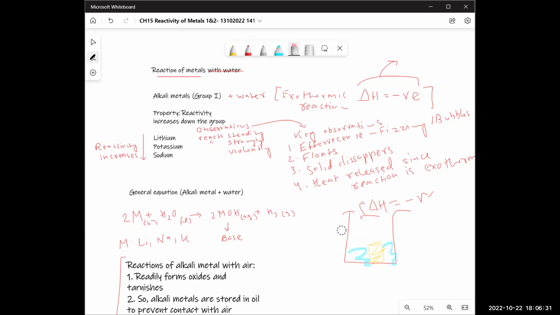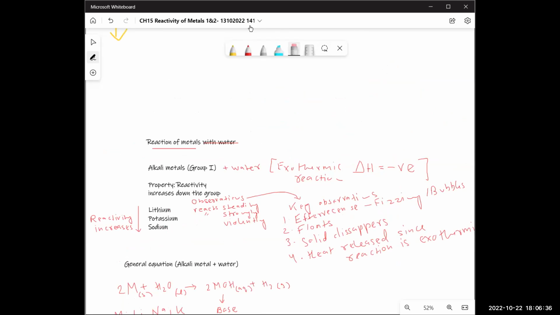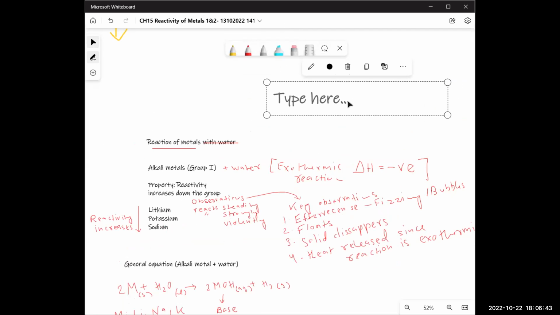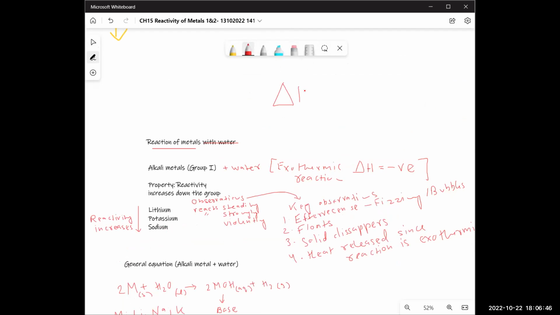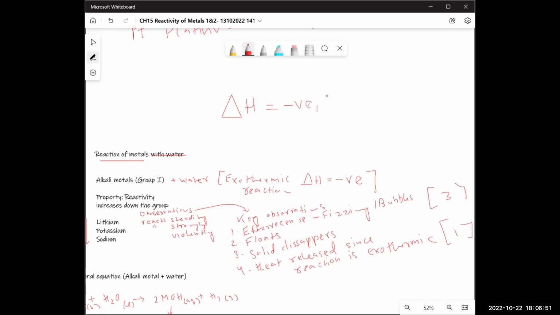It's giving out heat to the surroundings. That means you're going to feel that heat, right? When the heat is given out, you'll feel the heat, so it's going to be hot. Let's write it down here. Delta H. When the delta H value is negative, that means it's exothermic: heat given out or heat released, which basically feels hot.